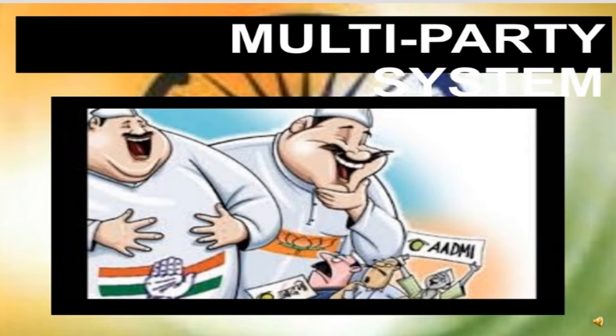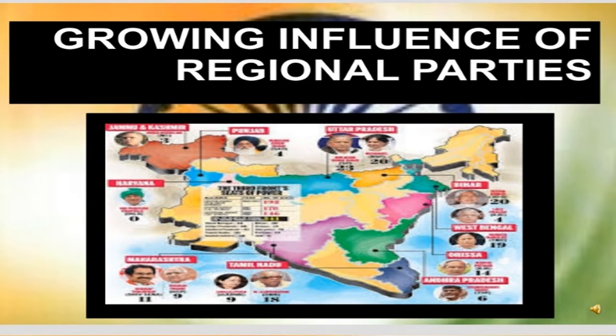There are so many examples when there were coalition governments. When there is a coalition government, there is a need to get the support of other political parties, and it became clear that weak government came before us, and of the growing influence of regional political parties.